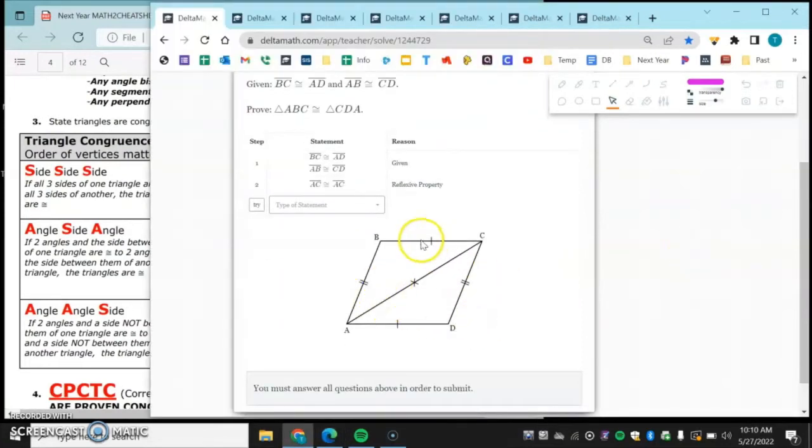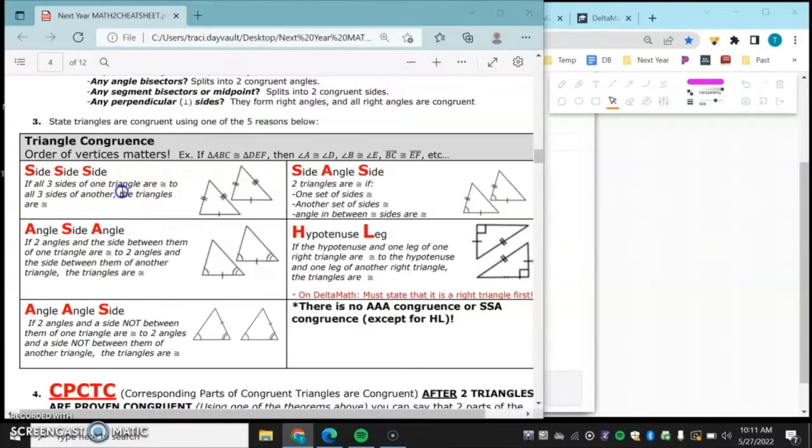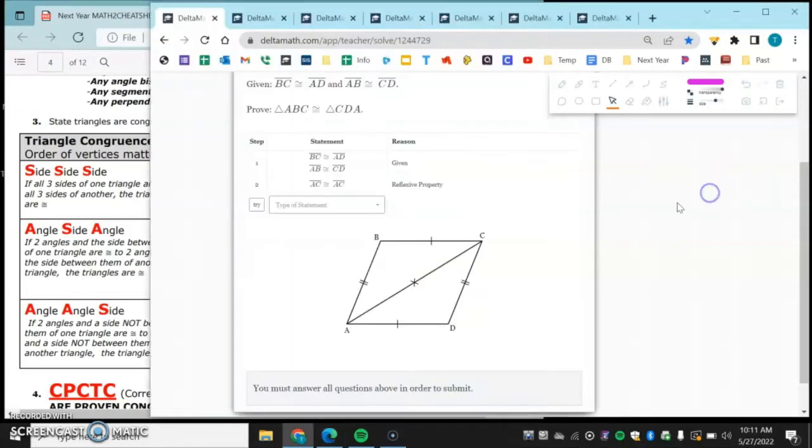I have 3 sides in both triangles. Do we have enough information now? Yes, we can use side, side, side to prove that these 2 triangles are congruent. When you're doing the last step, you can actually just copy what it says up here.